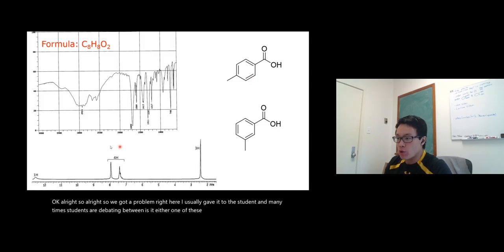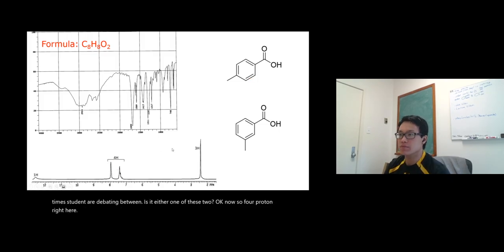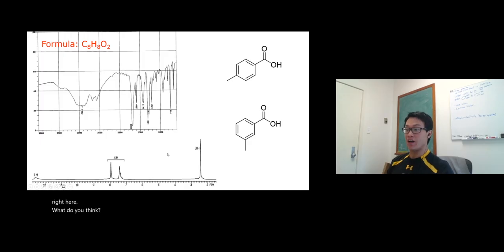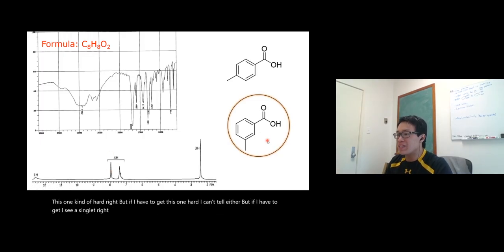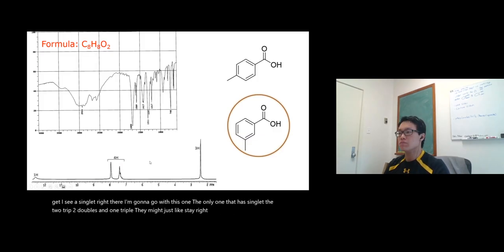Now, 4 protons right here. What do you think? This one is kind of hard, right? I can't tell either. But if I have to guess, I see a singlet right there. I'm going to go with this one, the only one that has a singlet. The two doublets and 1 triplet might just stay right there in the middle. Okay, so can't really tell.